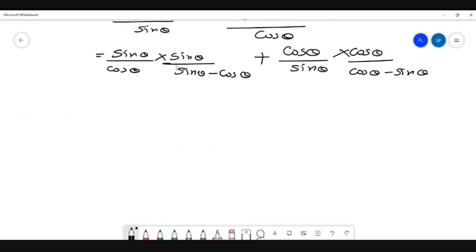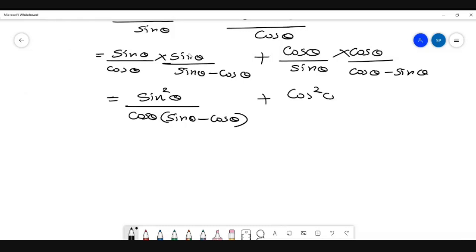Now sin theta into sin theta is sin square theta divided by cos theta into sin theta minus cos theta, plus cos theta into cos theta is cos square theta by sin theta into cos theta minus sin theta.